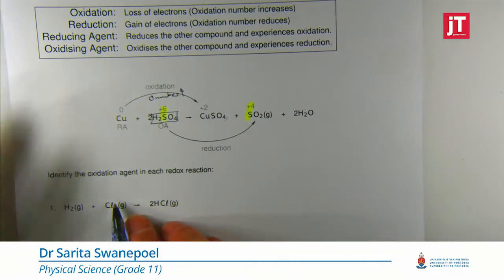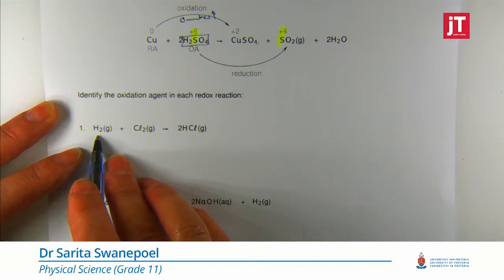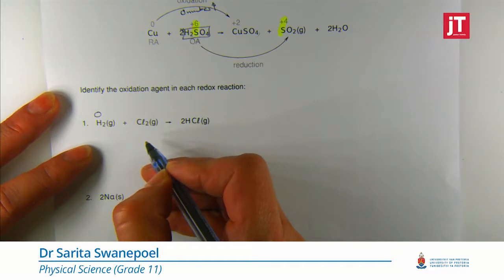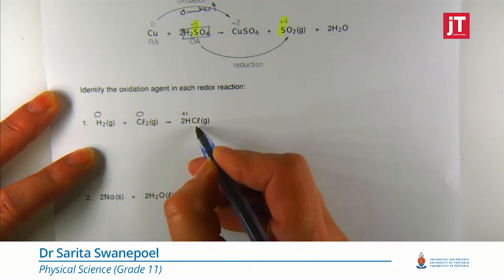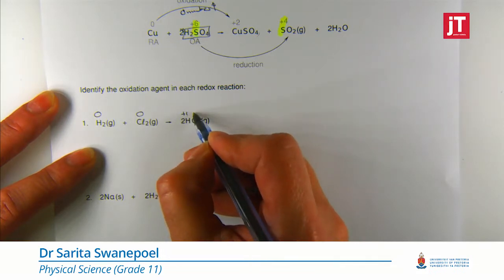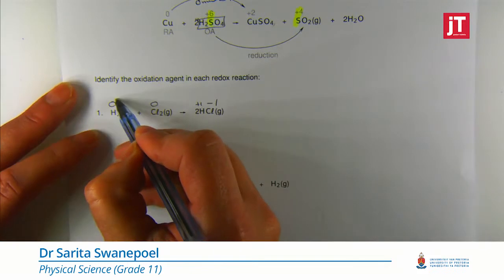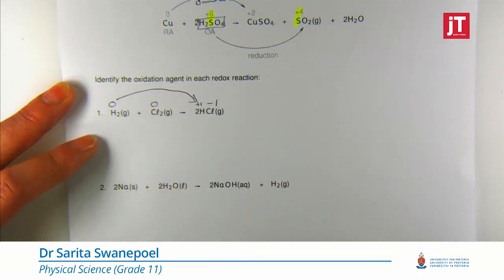So let's apply this to the first one. Hydrogen, if it's on its own, what is the oxidation number? 0. Chlorine on its own? 0. Hydrogen in a bond, +1. Chlorine, well, it's bonded to a +1, so it should be -1. Right. Let's look at hydrogen. It goes from 0 to +1. 0 to +1 is an increase.